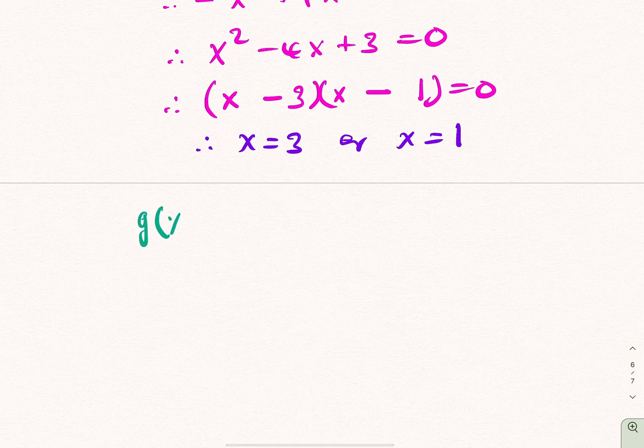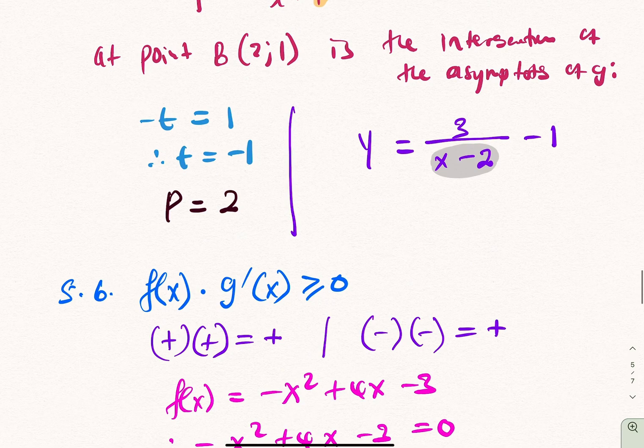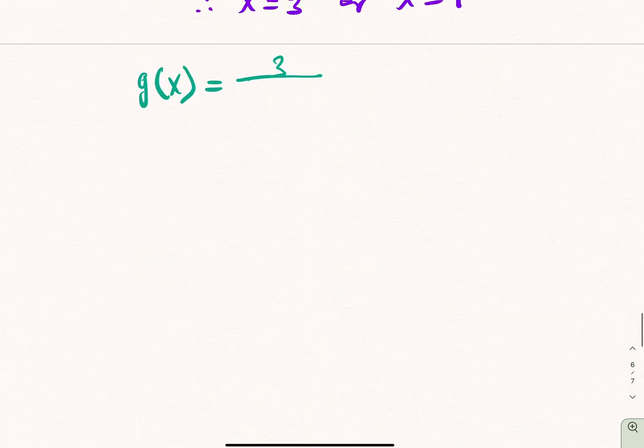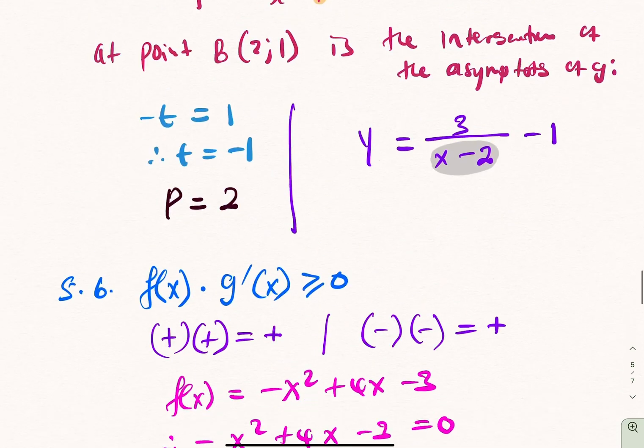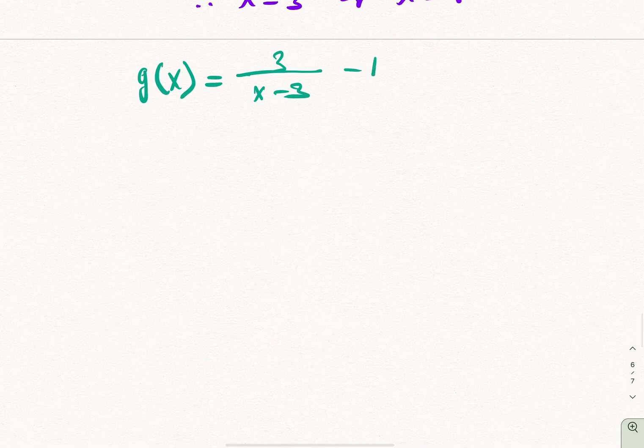Well, we get g at x equals 3 divided by, what was my g? My g was x minus 3, and then a plus, was it minus or plus? Minus 1. Okay. So I need to differentiate. G prime means derivative, so I need to differentiate that.